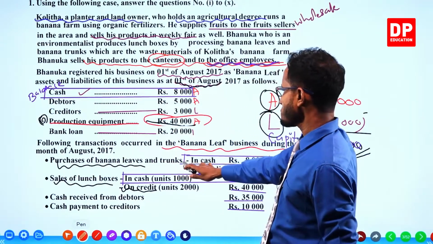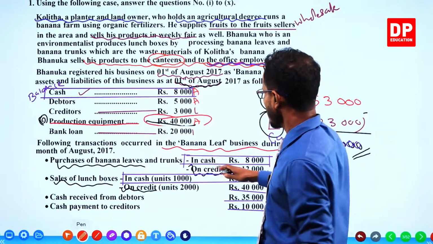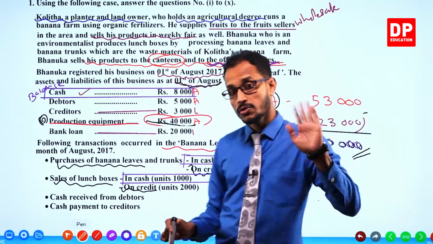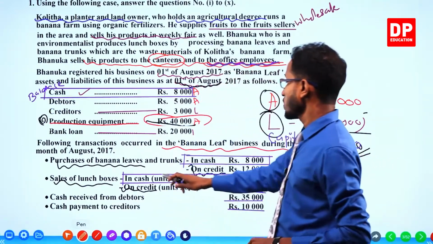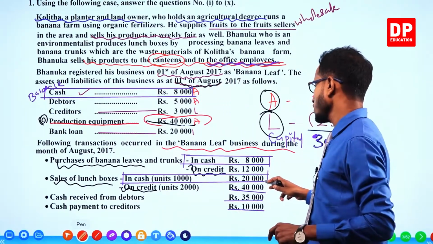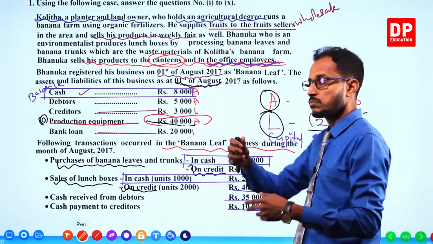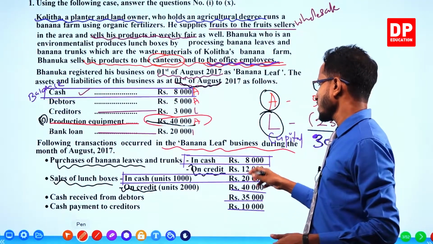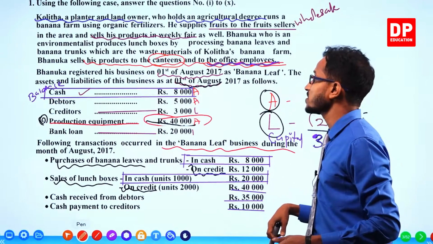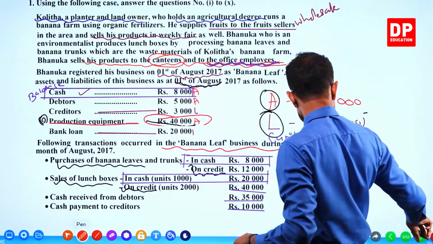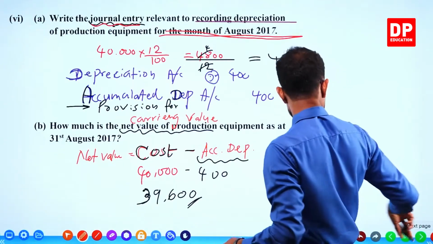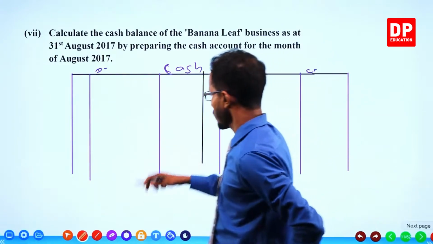Then purchase in cash 8,000 going to the credit side. Sales in cash, again we are selling and getting money now, to the debit side. 8,000 to the credit, 20,000 to the debit with the opening balance. Here we go.